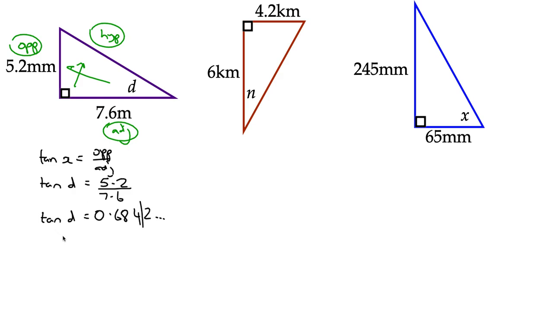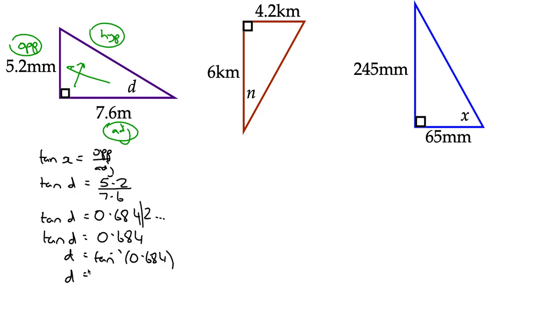I'm going to round it to 3 decimal places. So I get 0.684. Okay, therefore, angle D is the inverse tan of 0.684.